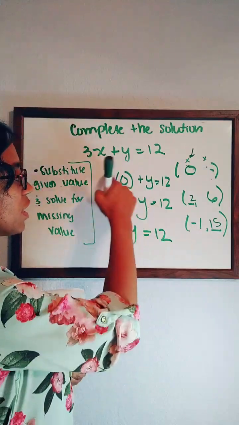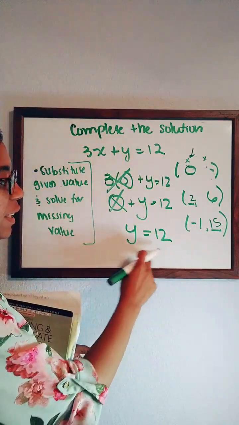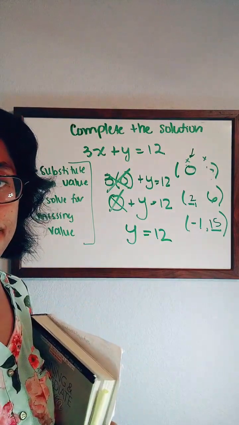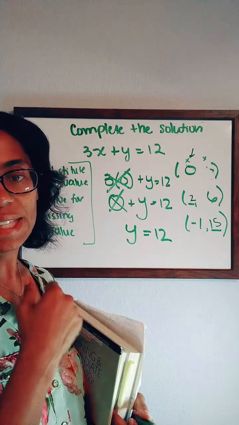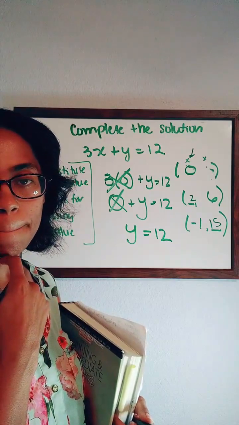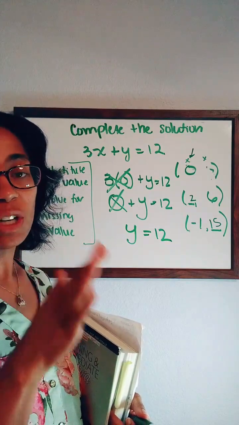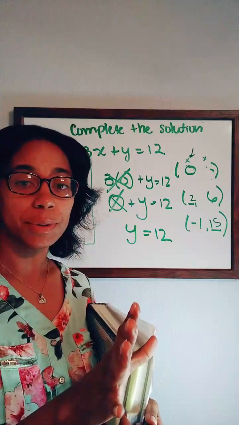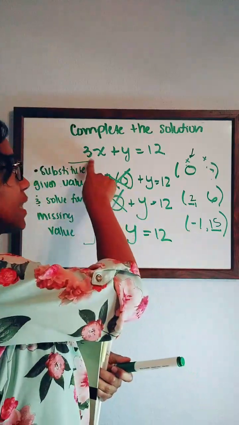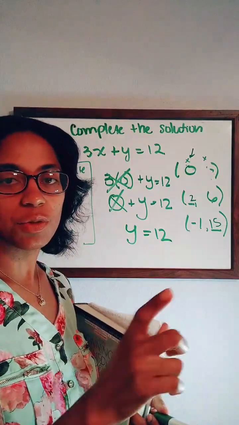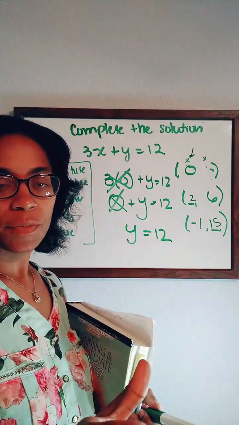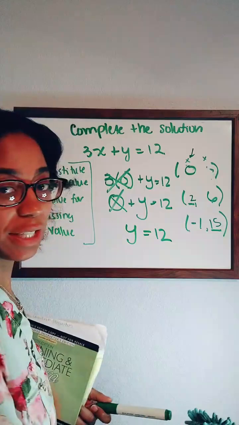There's nothing left on that side but y. So we don't do division unless we have a variable that's being attached to the coefficient. Then we divide those two to separate them. But if we're not doing that, we don't need that.